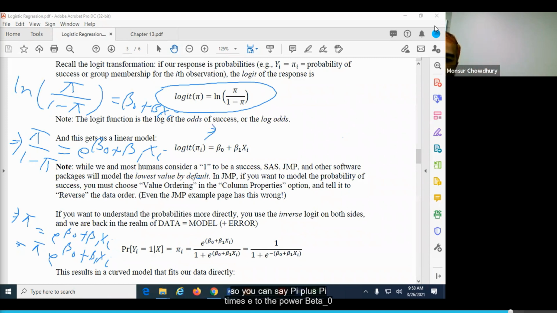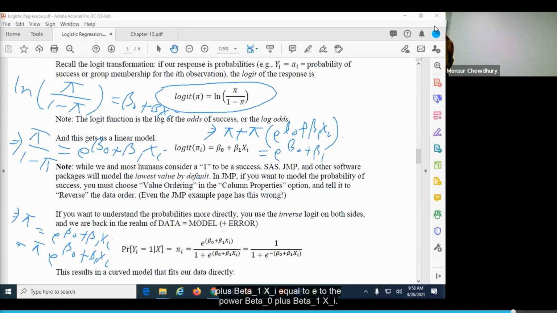So you can say pi plus pi times e to the power beta 0 plus beta 1 x_i equals e to the power beta 0 plus beta 1 x_i.